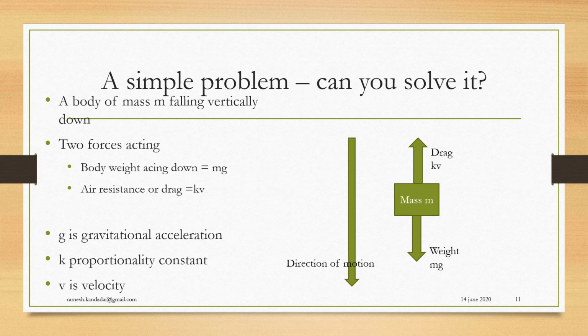Typically, air resistance or drag, better known as damping because it acts against the direction of motion, is given as a term proportional to the velocity with which the movement takes place. So if you model this as is shown in the slide, a simple free body diagram shows the weight acting vertically down and the drag opposing the weight.